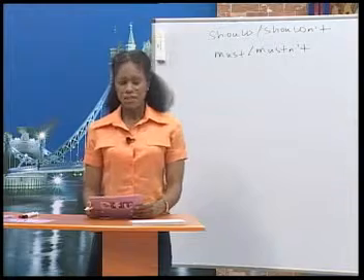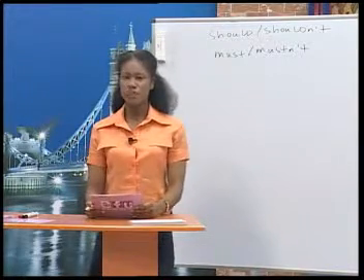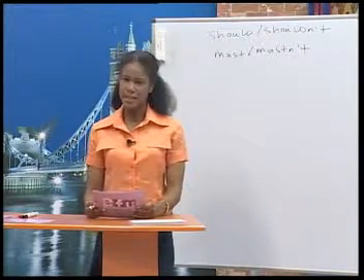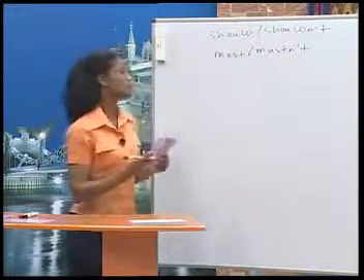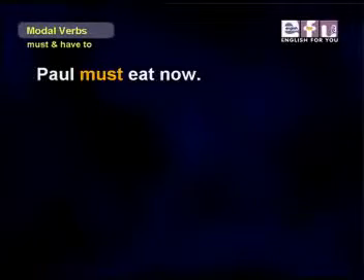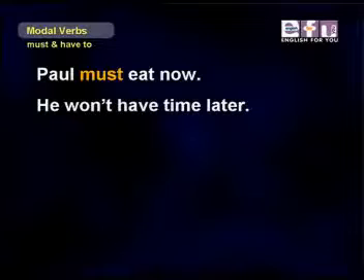So let's look at the difference between should and shouldn't and must and mustn't in the examples. So Paul must eat now. Why is it must? Because he won't have time later.